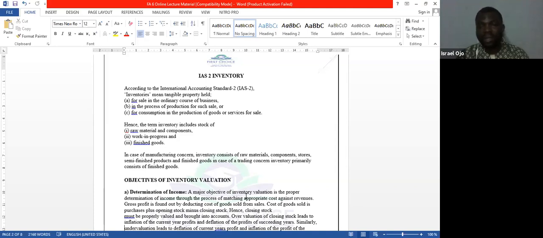It's no longer raw material, because we have started working on it to give us finished goods. So it's in between the raw material and the finished goods. Then we now have finished goods.